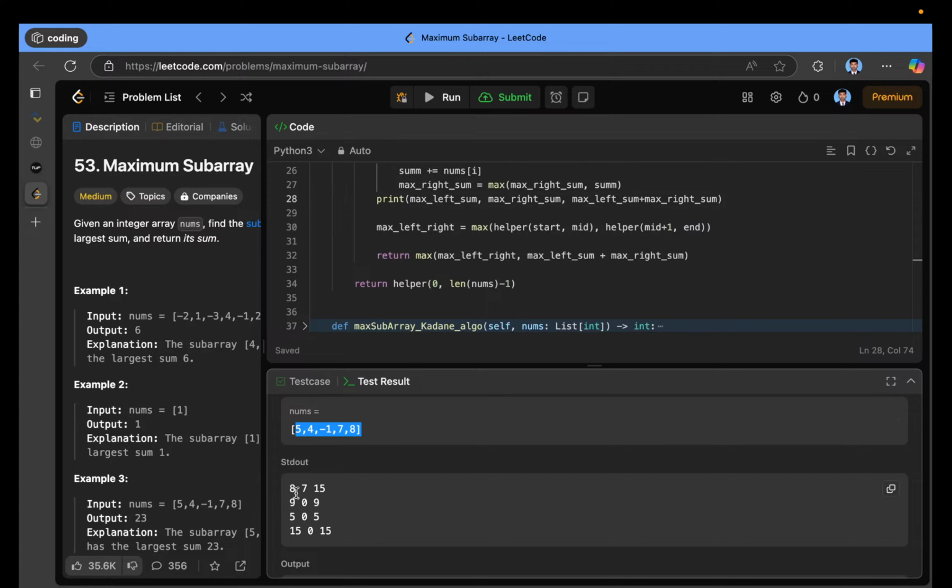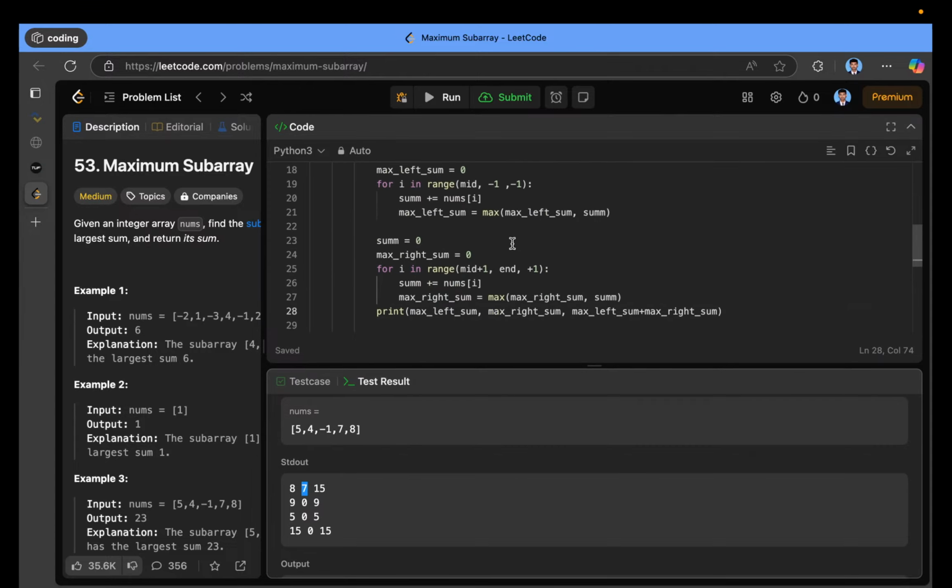So why am I not taking that whole array sum? 8, 7, 15. They should give the left full and the right full. Right is 7. Why does it stop at 7? Oh, bro. It should go to int plus 1.